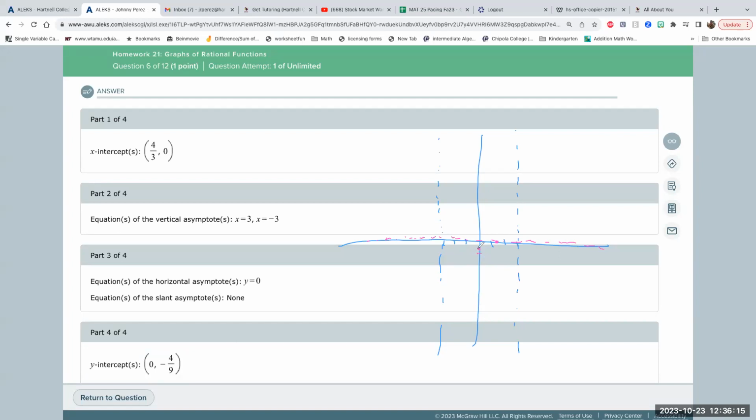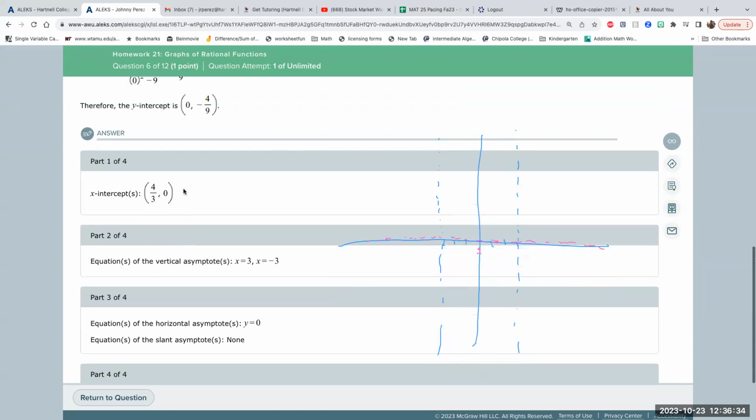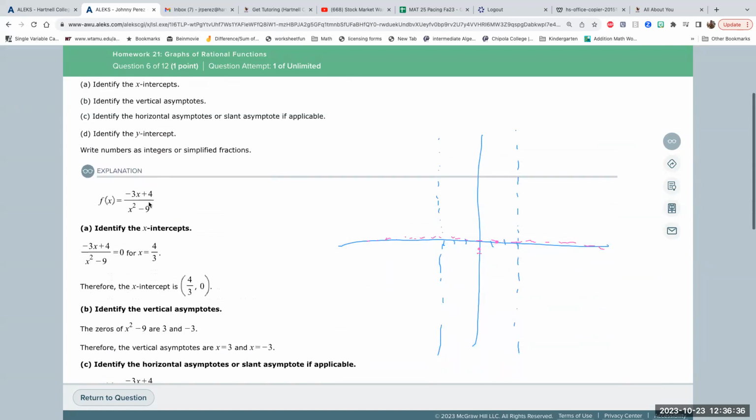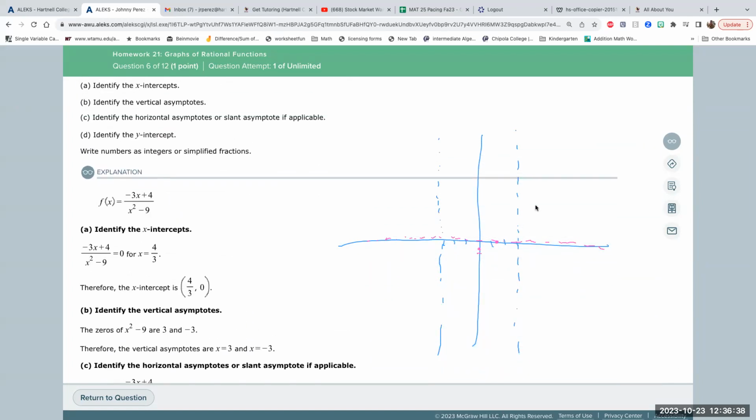What I encourage you to do, if you want to get a better picture, is pick a point to the left of negative 3 and plug it in just to see where my graph is. Is my graph going to be up here, or is it going to be down here? And then I'll pick a point greater than 3. So maybe I plug in 4 into my original function, and I want to see, does my graph live up here, or is my graph down here?